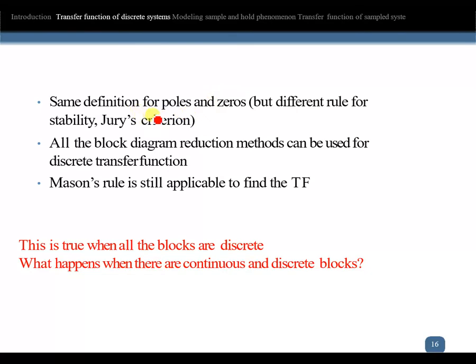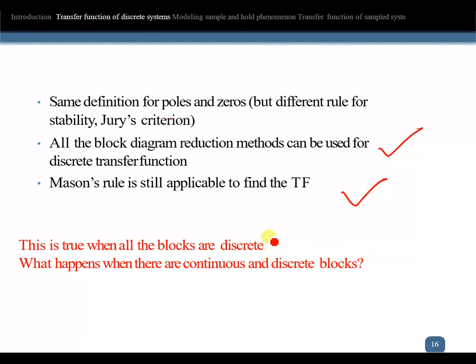Same definitions for the pole and the zero in the time domain will be seen in the z domain. Only the rule for stability is different: the Jury criterion. All the block diagram reduction methods can be used for the discrete transfer function. Mason's rule is still applied for the transfer function.